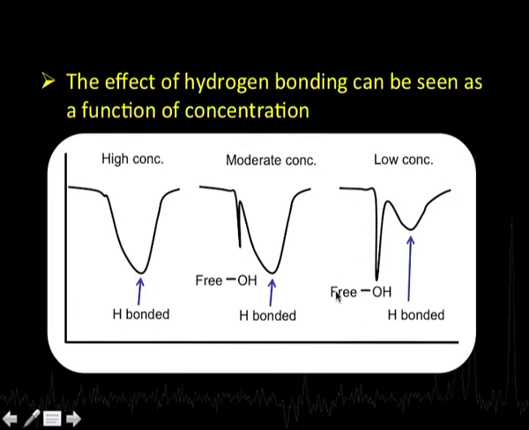That means at very low concentrations there will be a lot of free OH groups, and some portion of the molecules will be hydrogen bonded. It will give you the broad spectrum here. So the point here is that whenever there is intermolecular hydrogen bonding, we will get broad spectra. That is the bottom line or the rule of thumb in this case.